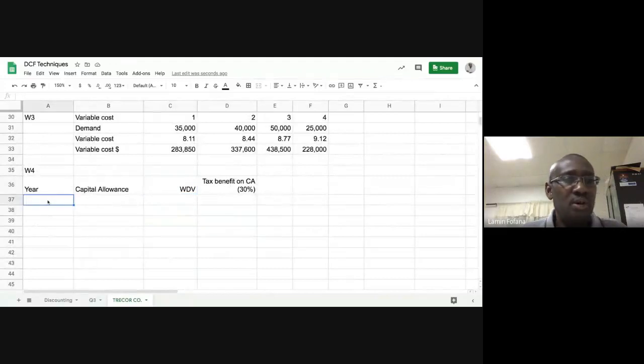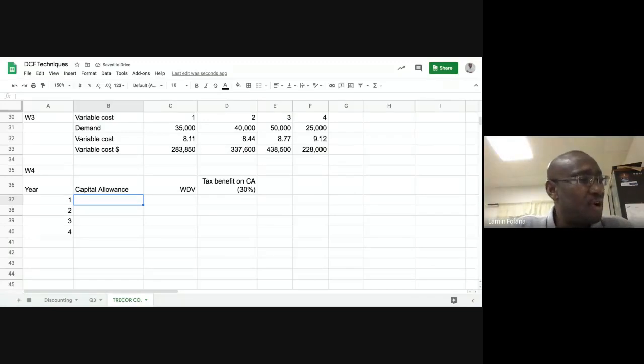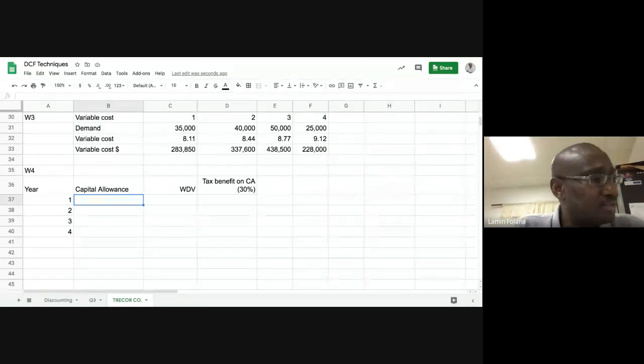It's going to be year 1 to year 4. For the first capital allowance, mind you, we've been given the capital allowance rate by the taxman at 25%. That is different from the 30% of tax. So the first year capital allowance, how are we going to calculate it?